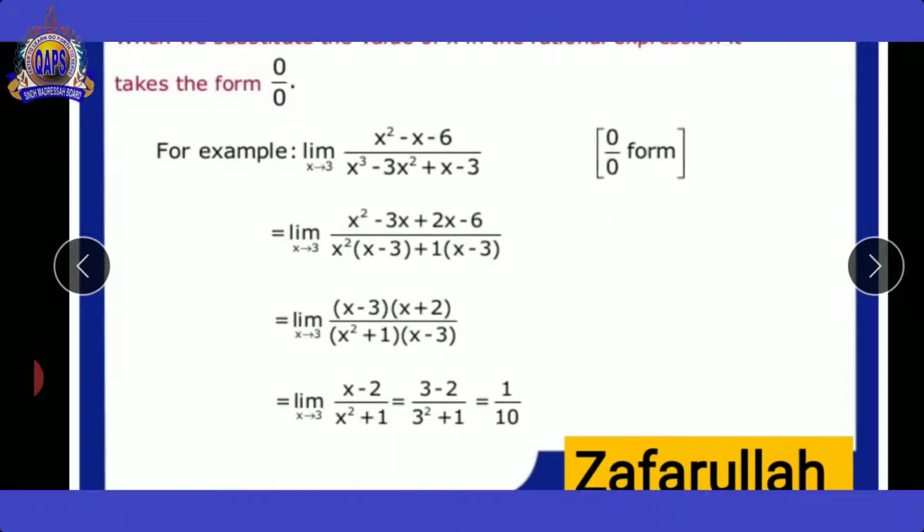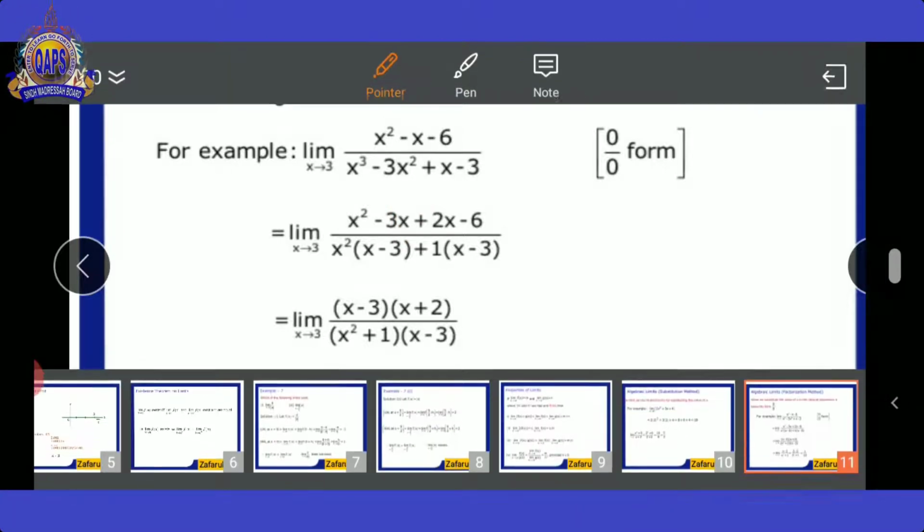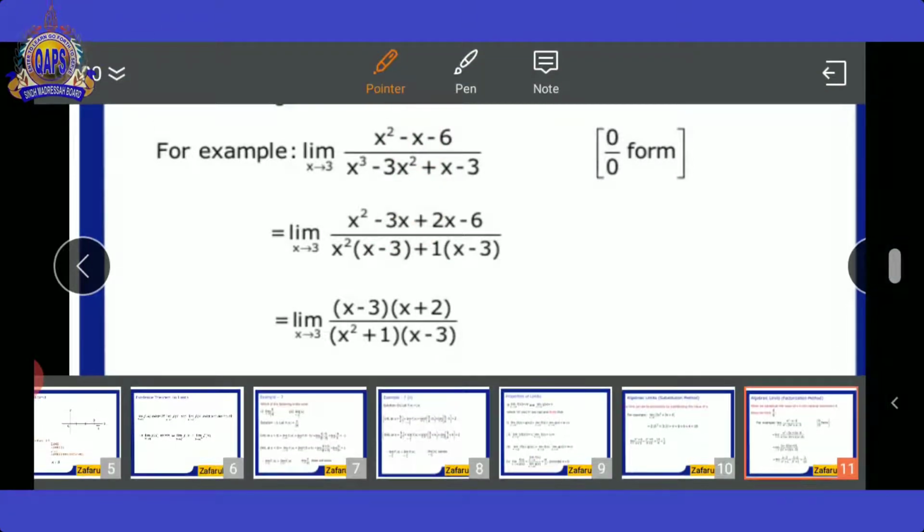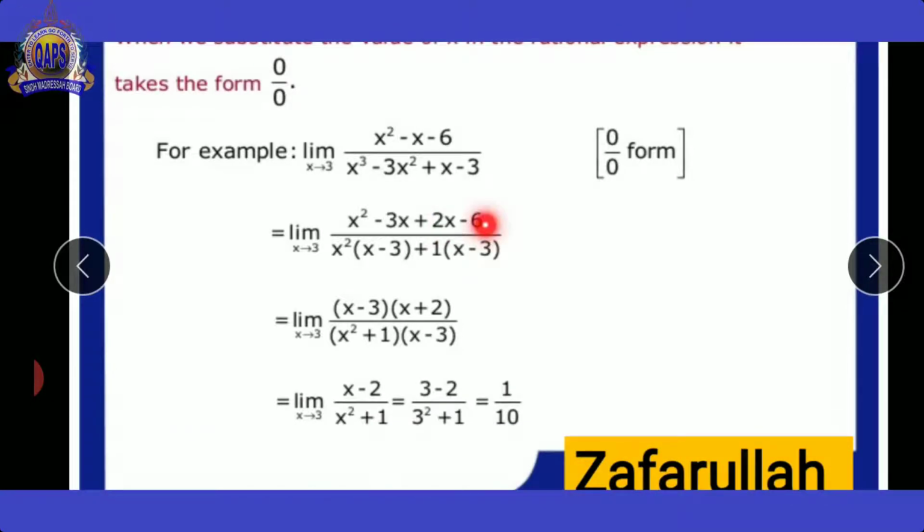But here we are not directly applying this limit, so that's why we are taking common factors. We break the middle term into two forms: x square minus 3x plus 2x minus 6.